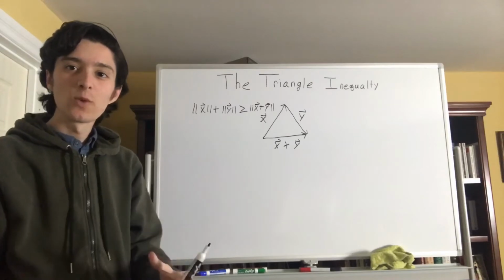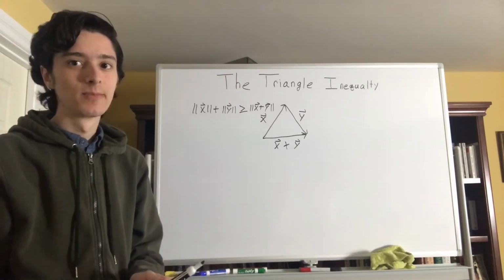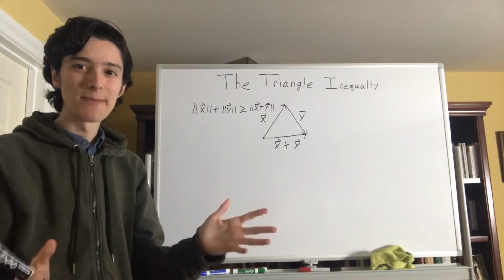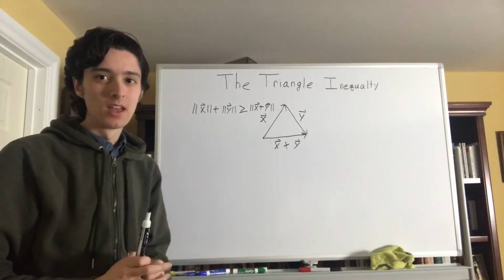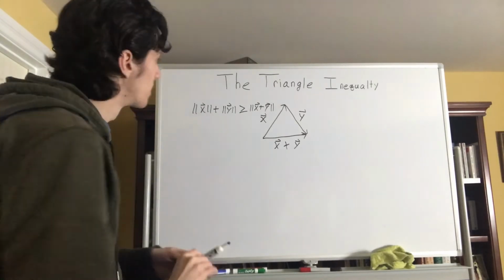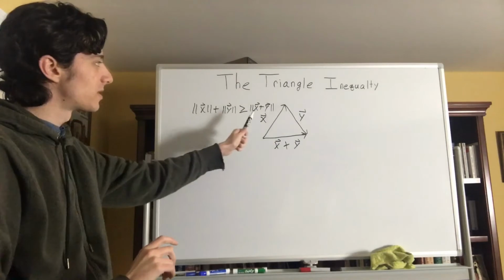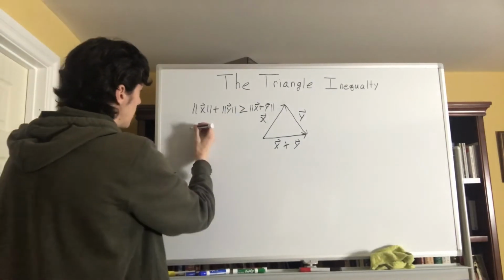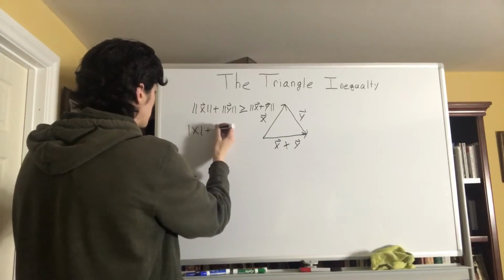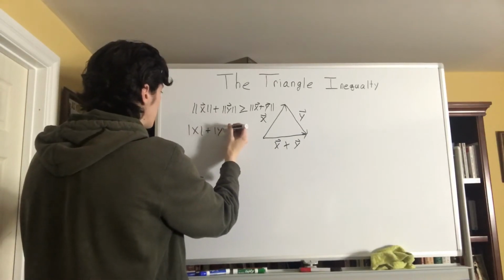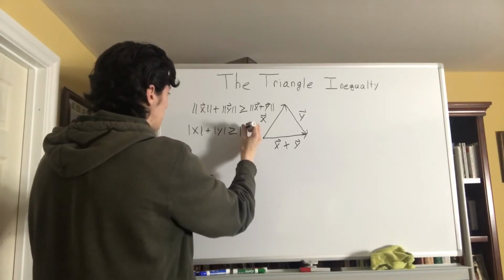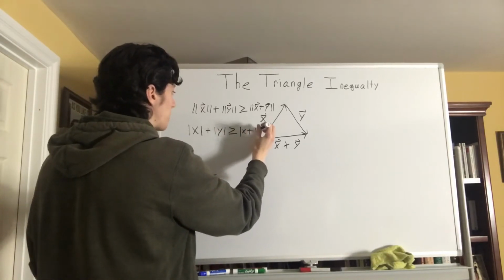Now, another way to generalize this idea is instead of thinking about magnitudes, we can think about absolute values. So perhaps we can make the claim that the absolute value of x plus the absolute value of y is greater than or equal to the absolute value of x plus y.